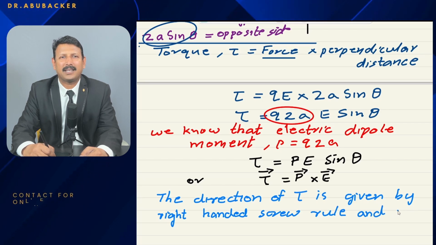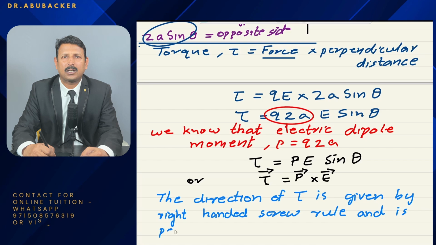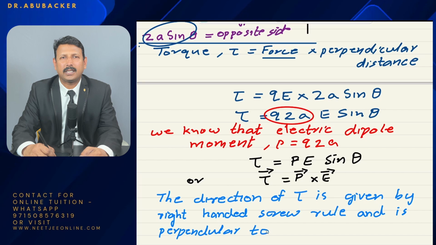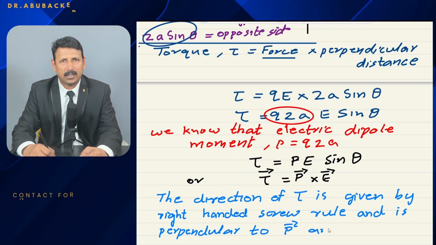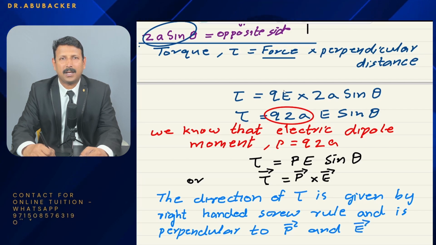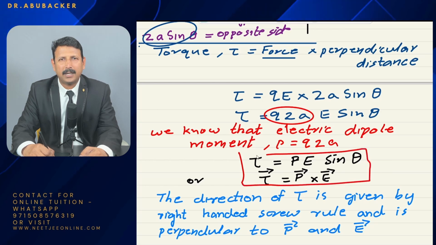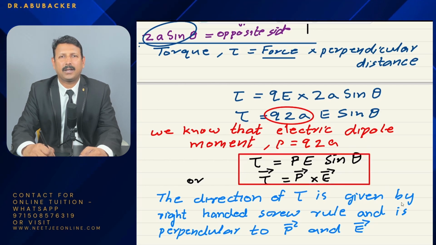We get the direction of the torque using the right handed screw rule, and it is perpendicular to the quantities. Refer to the diagram again: the electric field is towards the right and up. So the torque will be perpendicular to the dipole moment as well as the electric field.